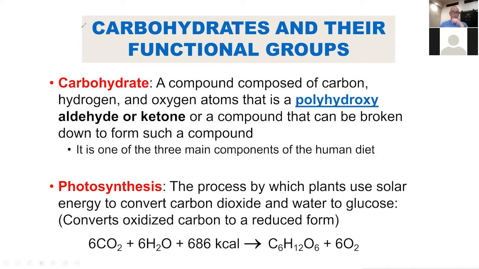Okay, so functional groups, for instance, we know what functional groups are. They're the place where chemistry happens. And on carbohydrates, basically there's three main functional groups that we're going to be dealing with. One is that it's a polyhydroxy compound. What does that mean? What do you think that would mean?